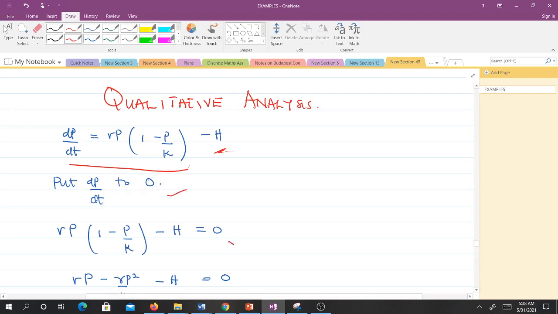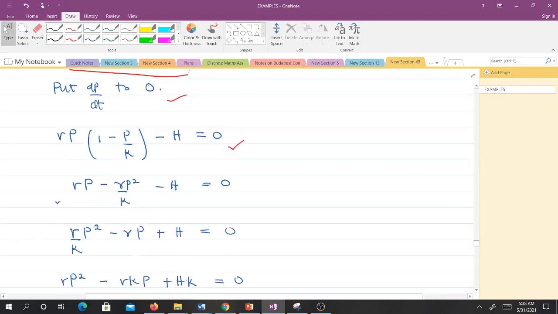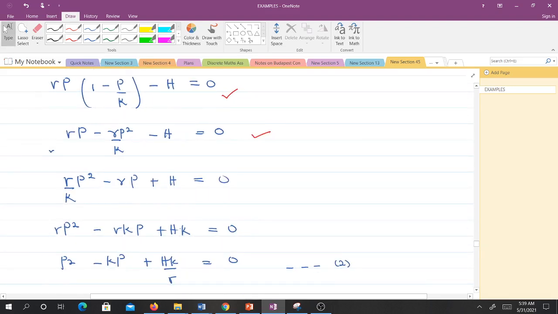Then we know that we are going to get this equation here. Then when we multiply through by the rp, we get rp minus rp squared over k minus h equals 0. Then we can decide to multiply through by negative 1. So we multiply this through by negative 1 to obtain rp squared over k minus rp plus h equals 0.